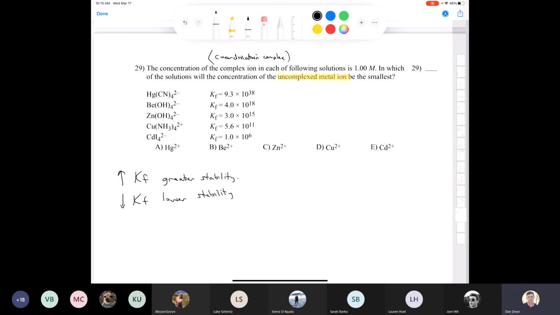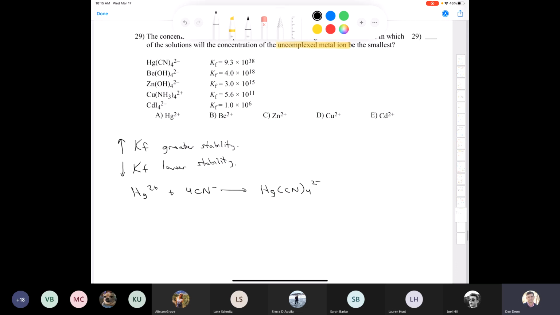And again, just taking the example of the first one, Kf would be Hg2+ plus 4 cyanide ions gives you the coordination complex, 2 minus, like that. So that's the formation. Whichever one has the highest formation, or Kf, is going to have less ions in solution, right? Because the equilibrium is pushed more to this side, to the coordination complex.